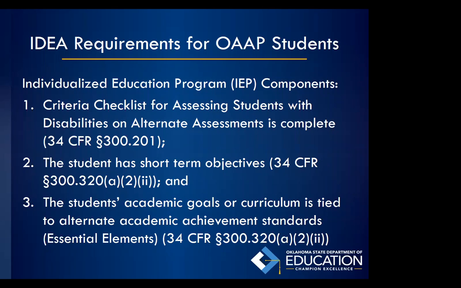And another item is that the student's academic goals or curriculum is tied to alternate academic achievement standards. These are sometimes referred to as essential elements. So these students' curriculum, as you know, isn't going to be tied to general education standards. The curriculum is based off of alternate academic achievement standards.